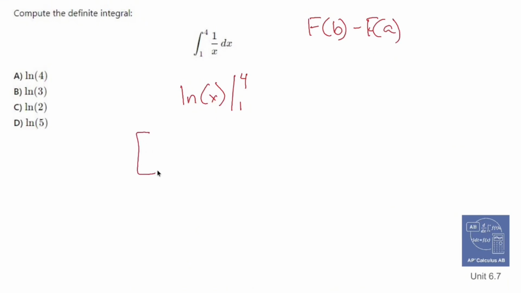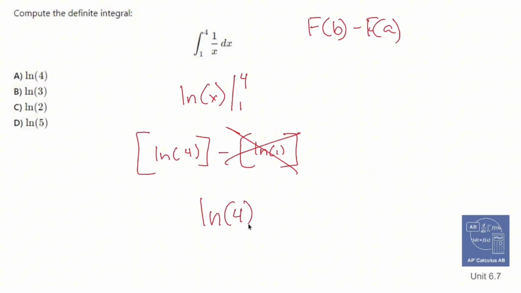So what I'm going to do is write this out and plug in 4. So the ln of 4 minus the ln of 1. Fun fact, the ln of 1 is 0. So that just leaves you with the ln of 4, and that's going to give me A.